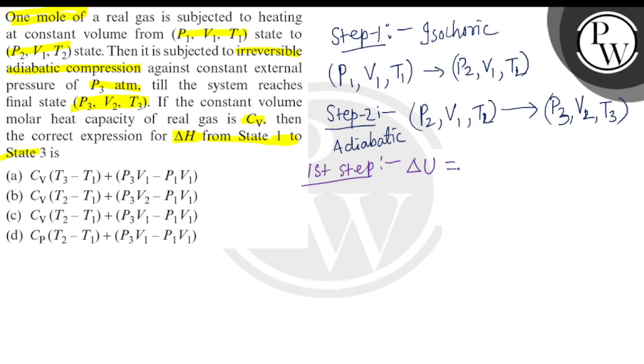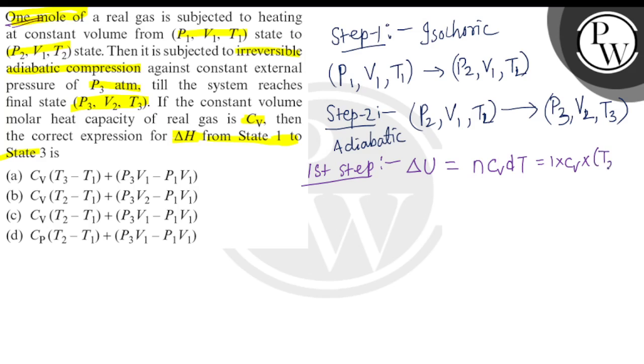Delta U is equal to n Cv dT, and as the number of moles is 1, n is equal to 1, multiplied by Cv, which has already been given, and dT will be T2 minus T1.